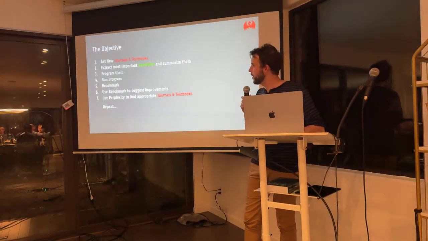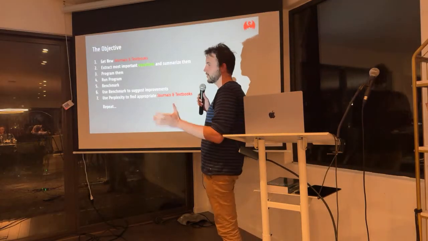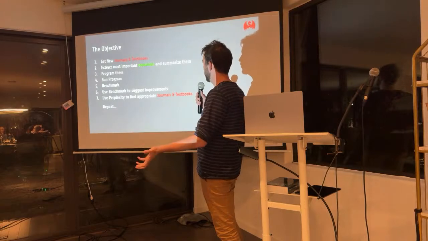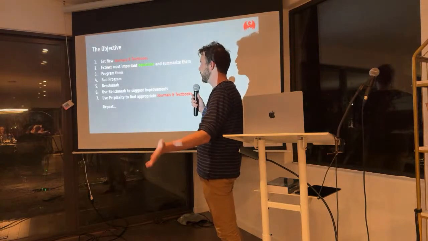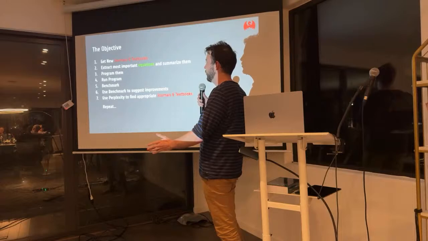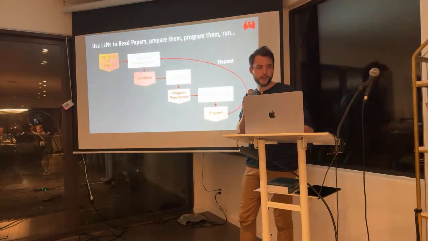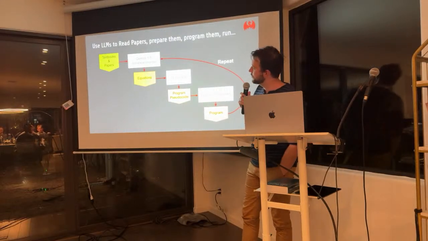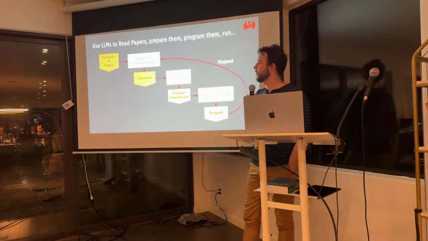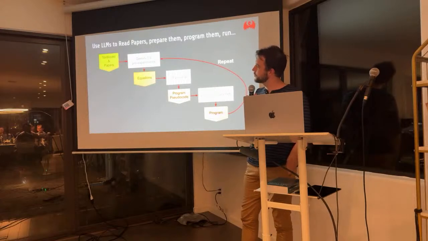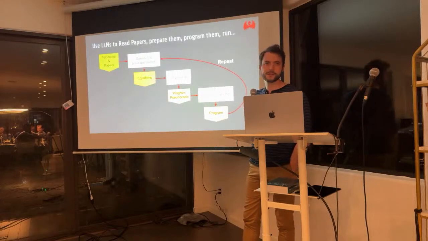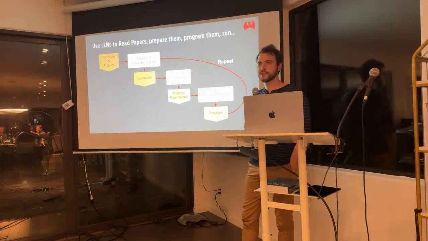So that's the idea: get new journals and textbooks, extract the most important equations and summarize them, program them, run the program, benchmark those, use those benchmarks to suggest improvements, use Perplexity to find appropriate journals and textbooks, and do that a bunch of times in a row. So this shows the same thing: textbooks, papers, you feed it into Gemini 1.5 Pro Experimental, that gives you the equations, feed the equations into O1 Preview, that writes the pseudocode and gives you some explanations.